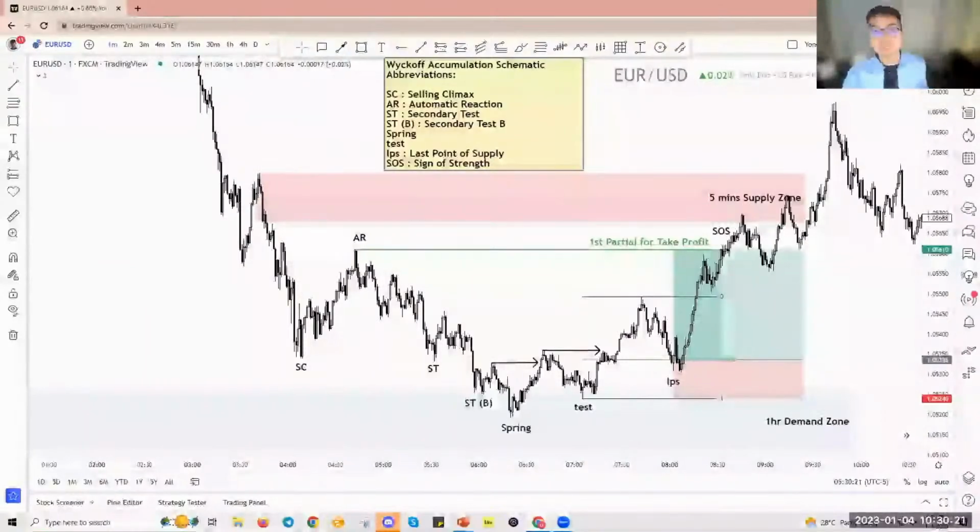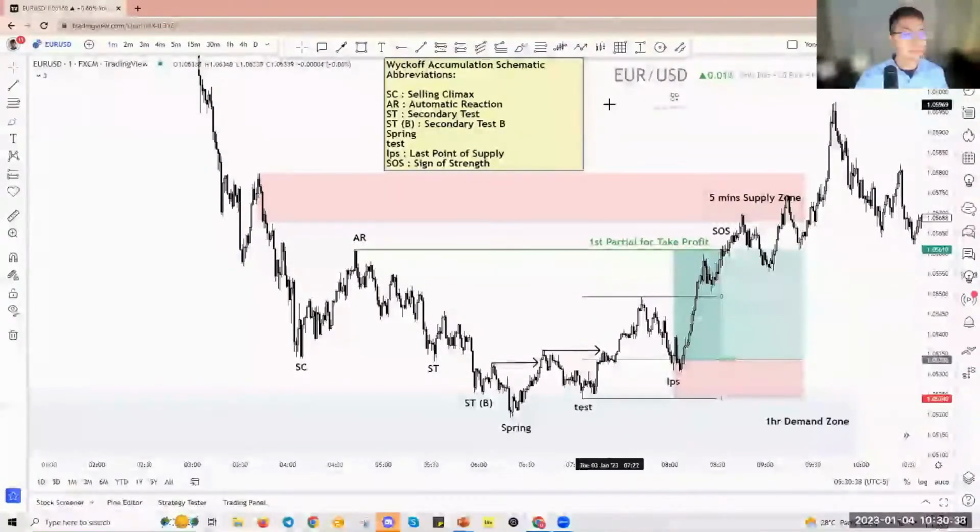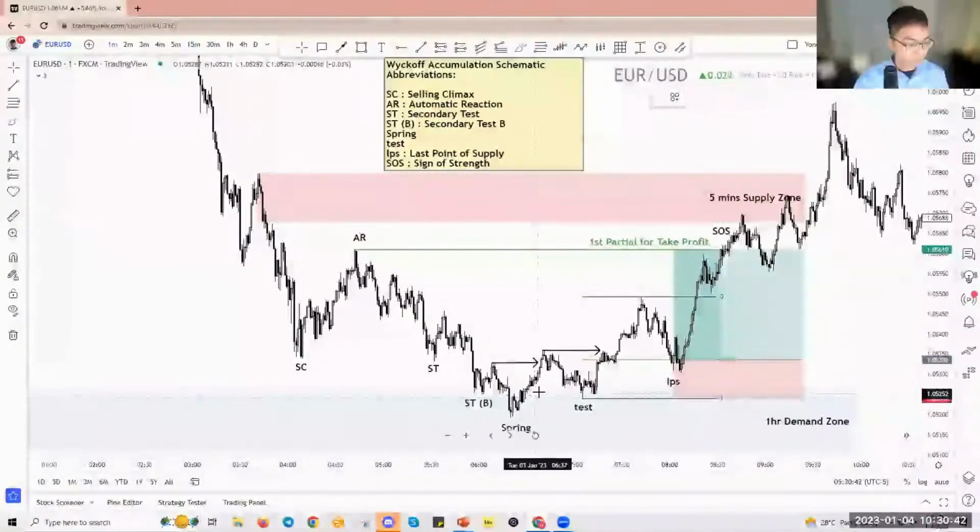Jesse Banu Shak asks if we are a swing trader, can we use the same schematic Wyckoff, like from 4-hour demand and look for 15-minute Wyckoff? Well, you can also do that because price works in a very, very fractal manner. It's very complicated because on the 1-hour time frame, let's say that we expect a spring to form on the 1 hour.